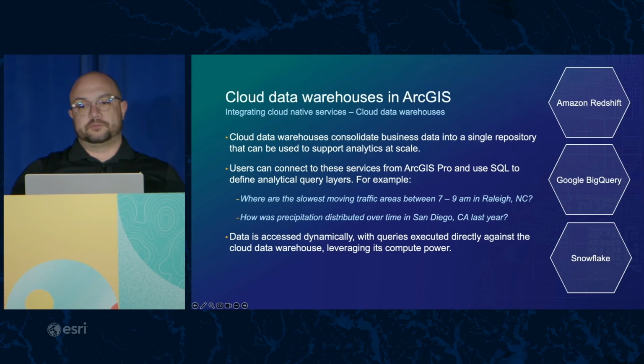A common misconception for our support of cloud data warehouses is that the data has to be moved into ArcGIS itself, copied out of the cloud data warehouse. Now, we do offer that as an option, but we can also run that query every time the service is accessed, or we can persist those query results separately, and we'll get into the specific mechanisms in ArcGIS Pro in a moment.